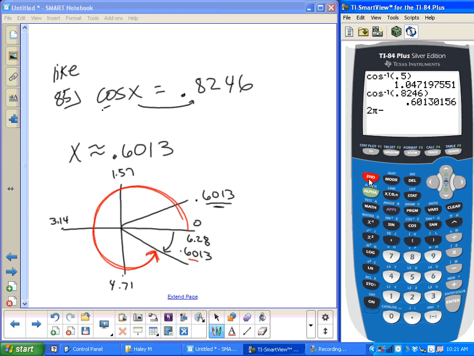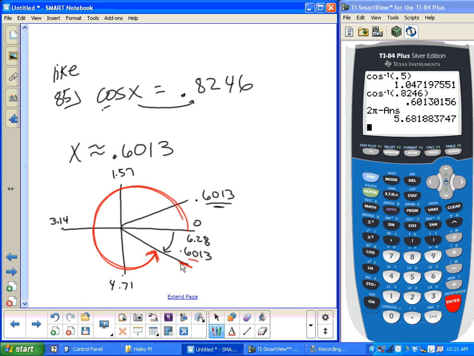And now instead of doing 0.6 something, we need to use the answer, because that's going to be accurate. Okay, so now that's going to give me this angle in standard position. My other answer, 5.6819. All right, so I got that from the calculator, which nobody should miss.